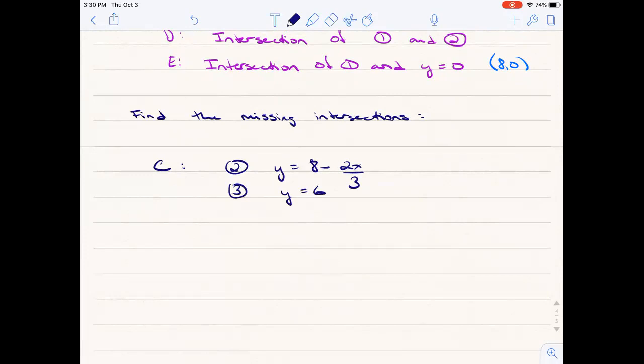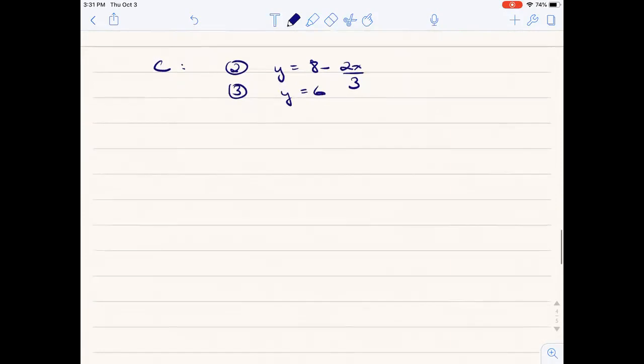This is nice, right? Because we know if y has to equal 6 and y has to equal 8 minus 2x over 3, we can just set them equal to each other, right? Because they're both y's. And so we get 6 must be 8 minus 2x over 3.